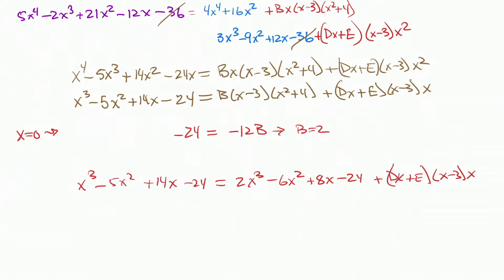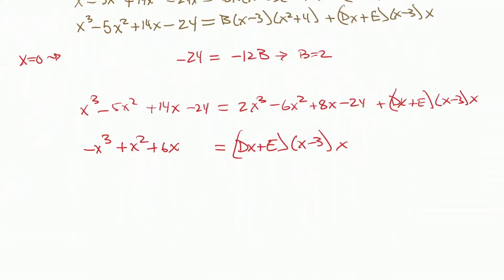Okay, so we could do this business, minus plus x squared plus 6x is equal to dx plus e times x minus 3 times x. Okay, so I'm practically done. So x squared, sorry it's going quickly now, and I'm getting messy, so I better stop writing because it's just becoming a mess.